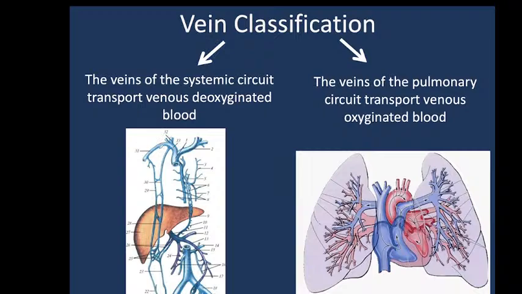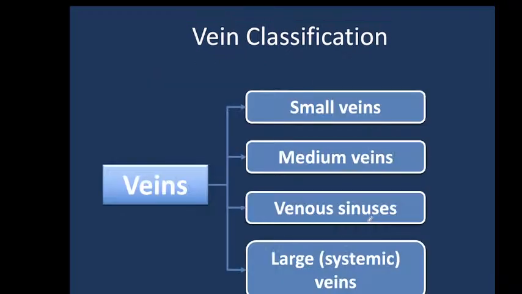In the systemic circuit, veins transport deoxygenated blood, but in the pulmonary circuit, veins carry oxygenated blood, and that's why we usually draw these veins with red colors.